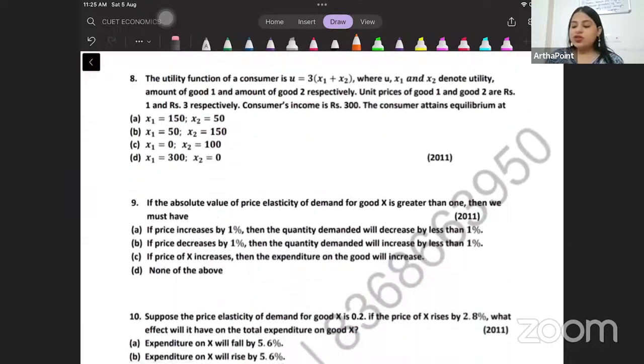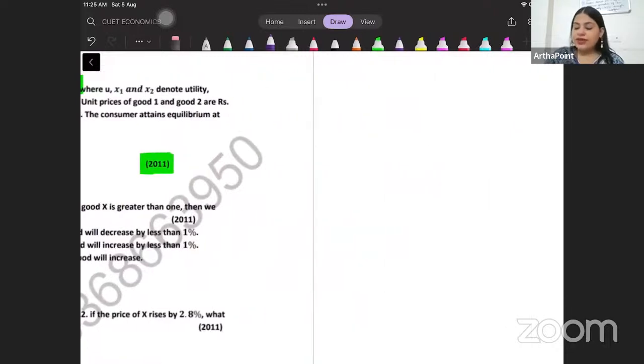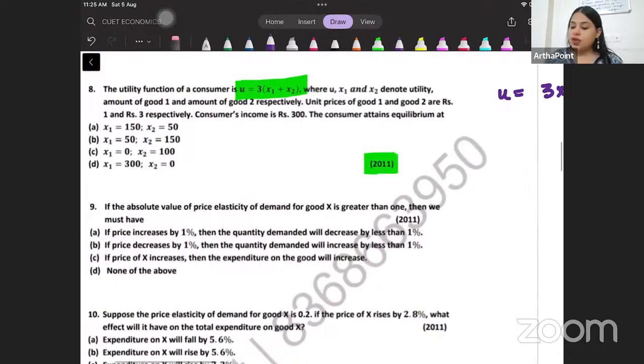The utility function of the consumer is given by 3x1 plus x2. But this question also came in the 2011 paper. So the utility function clearly is a substitute good function, and it is given that U is equal to 3x1 plus 3x2.